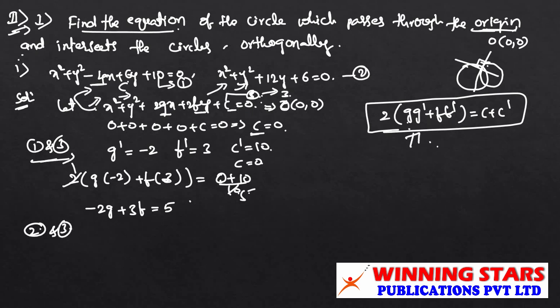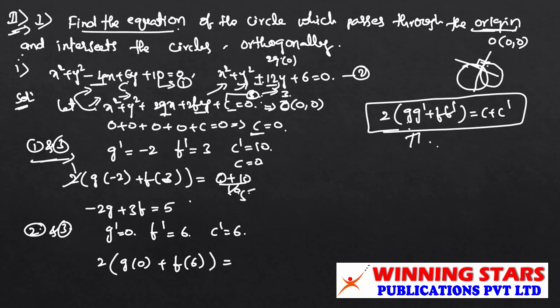The formula is the orthogonality formula only. From the second equation, there is no 2gx term, which means g' is equal to 0, and f' is equal to 6, and c' is equal to 6. Substituting in 2gg' plus 2ff' is equal to c plus c', with c equal to 0 already, we get 6 only.